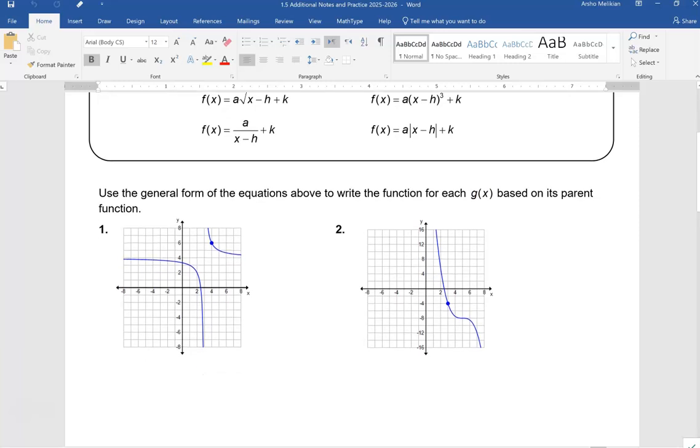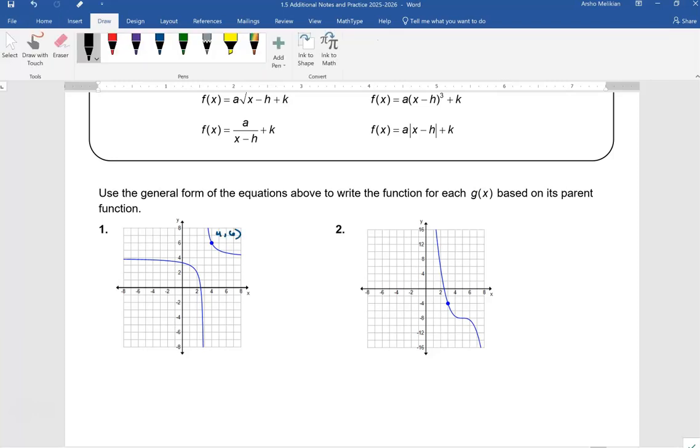Here, I'm given a point. This is the point 4, 6. Now, that point is going to be my x and y. But there are also some transformations here.